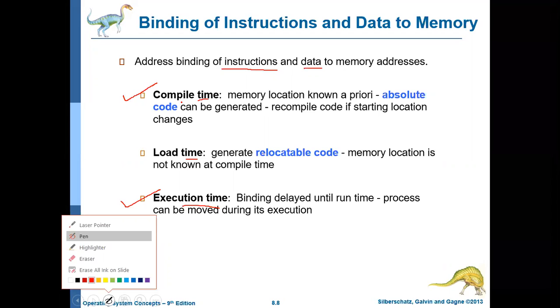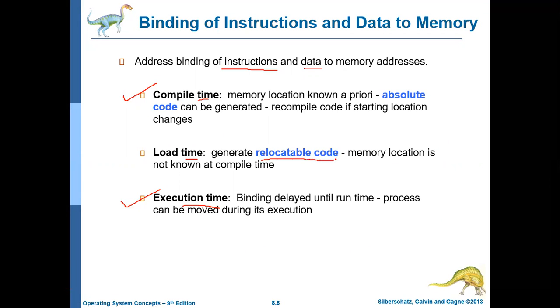But if you don't know the memory address during compilation time at where the program should be loaded, at where the process should be loaded, then you cannot go for absolute binding. Then there will be relocatable binding. Relocatable code will be created. Relocatable code means relative addressing.